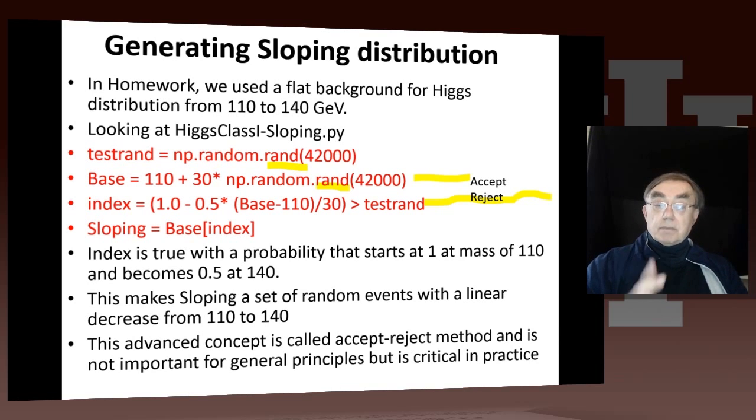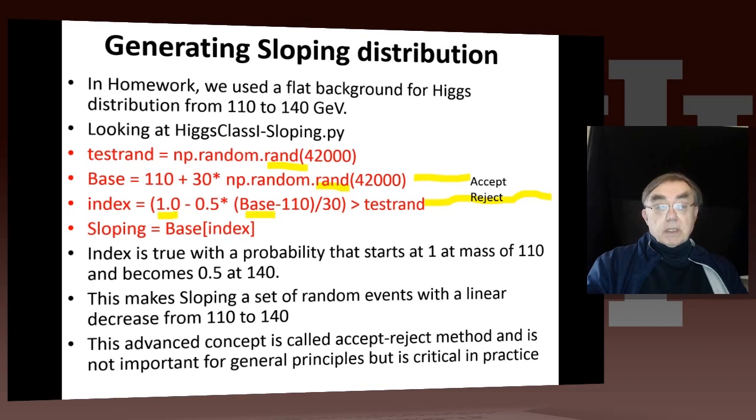If you generate with this distribution, which is 1, you want to reduce the probability of events when the mass is, say, 140. We're trying to reduce the 1 to 0.5, so this number becomes 0.5 for the case where the mass is 140.